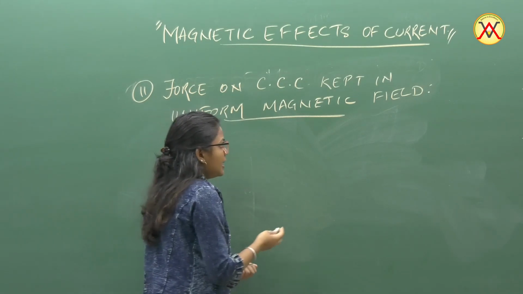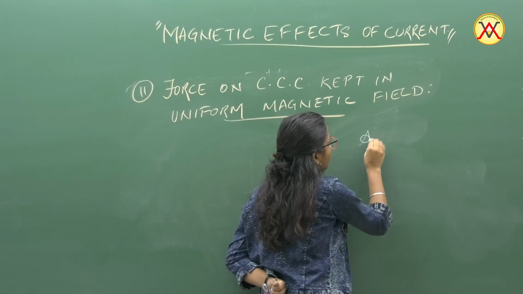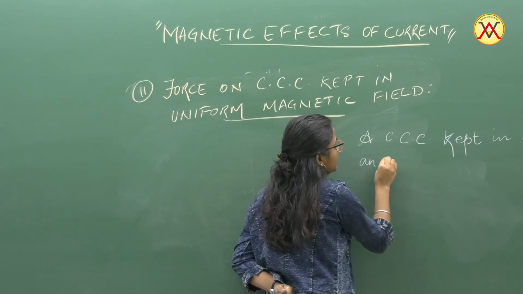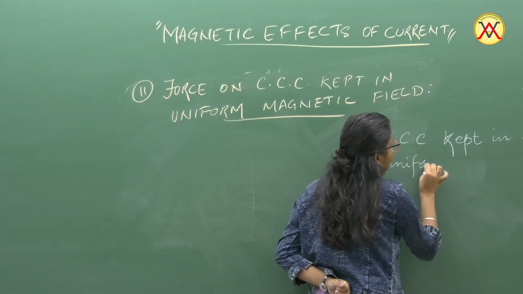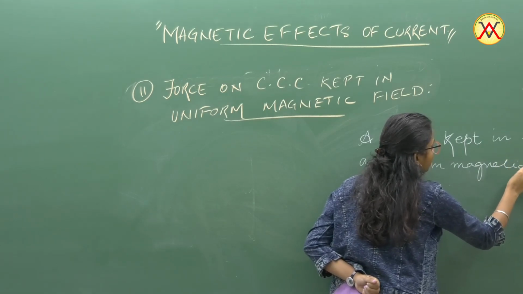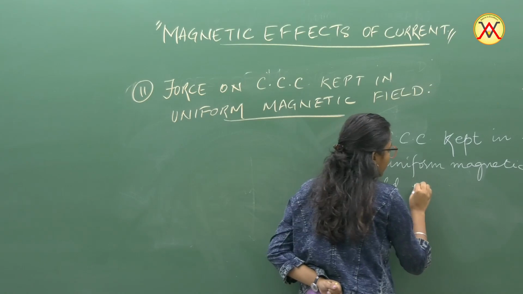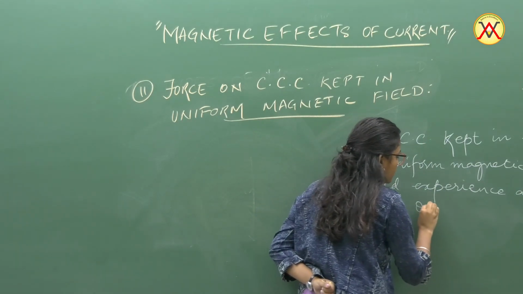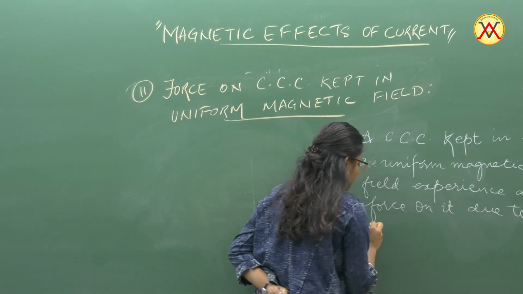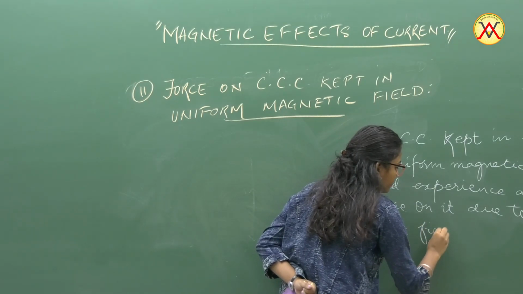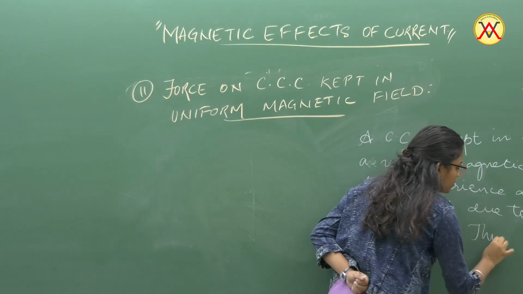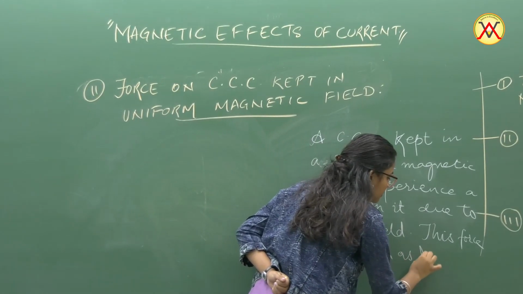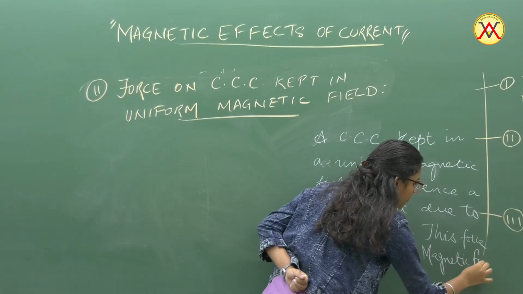What we have concluded here is that a current carrying conductor kept in a uniform magnetic field experiences a force on it due to that field. This force is known as magnetic force.